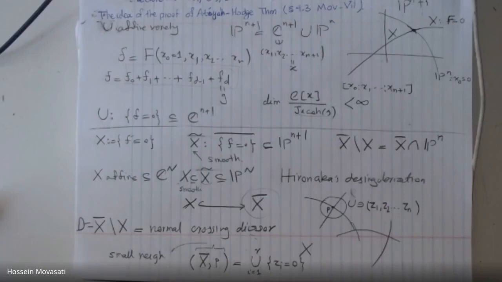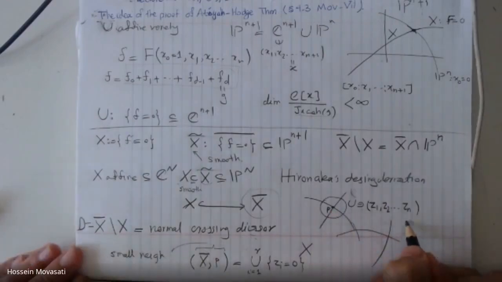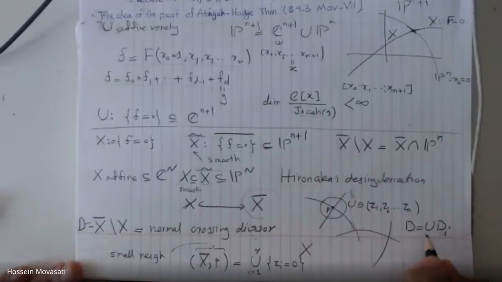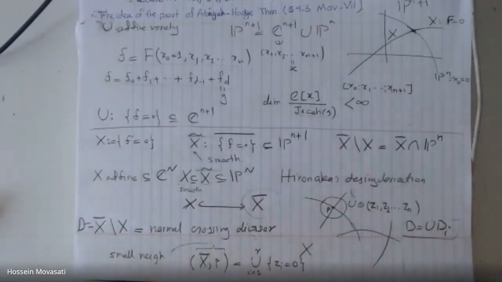So in some sense, this means that all these components, if we write D as the union of Di's, then all these Di's intersect each other transversely and so on.